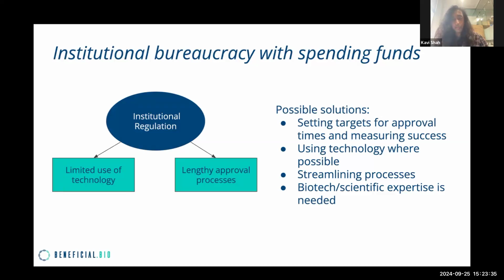Here, regulation of spending is obviously very important, and it stems from a need to have traceability and control utilization of funds and reduce misspending. However, it needs to be efficient, and here additional use of technology and setting targets for approval and measuring the success could streamline processes and increase the speed with which research can be done.